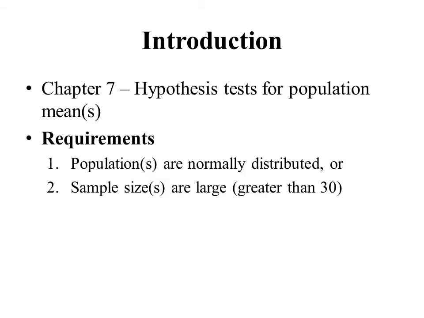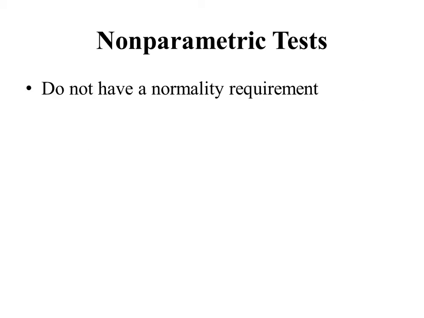In all those tests, we stressed the fact that they had requirements such as the populations are normally distributed or the sample sizes are large, large meaning greater than 30. Because these hypothesis tests had requirements about the distribution of the population, we call these tests parametric tests.